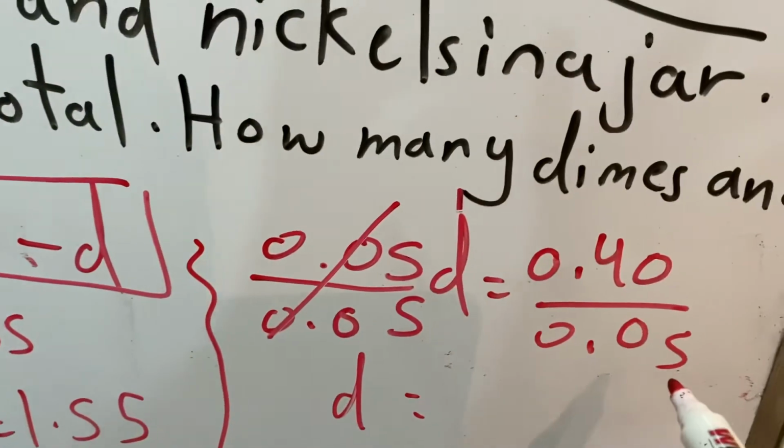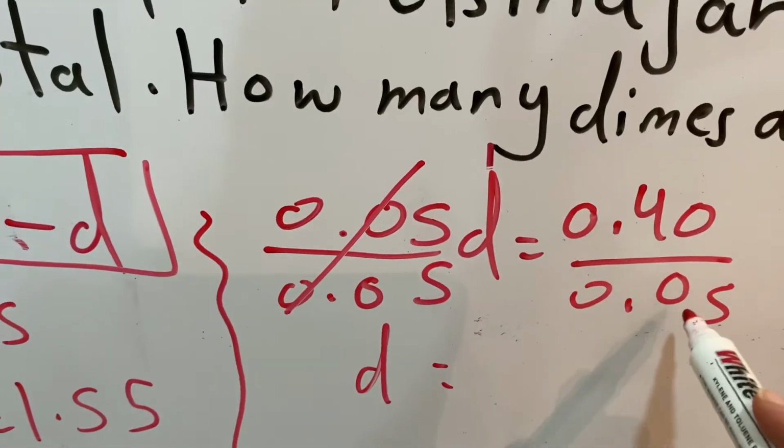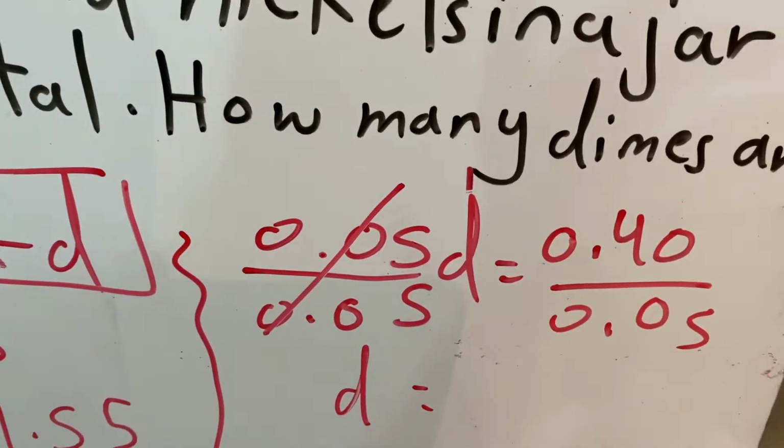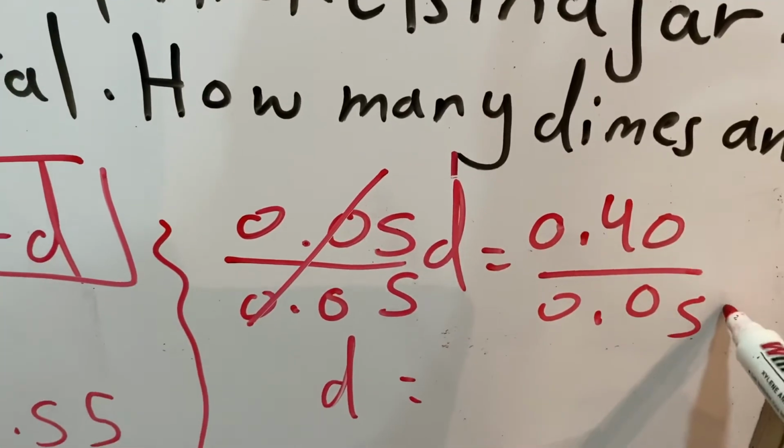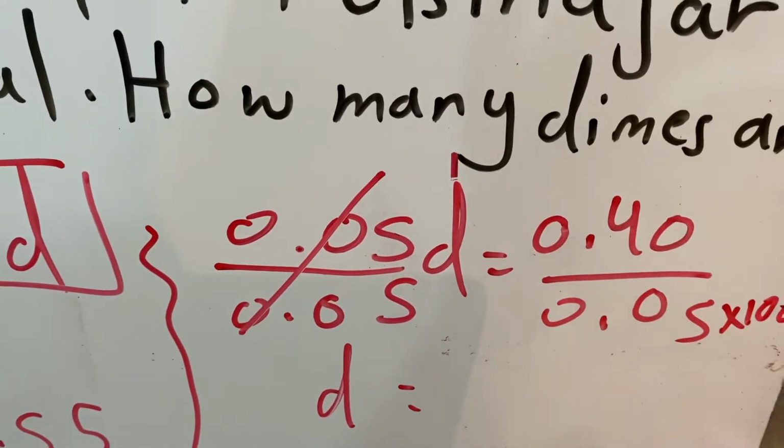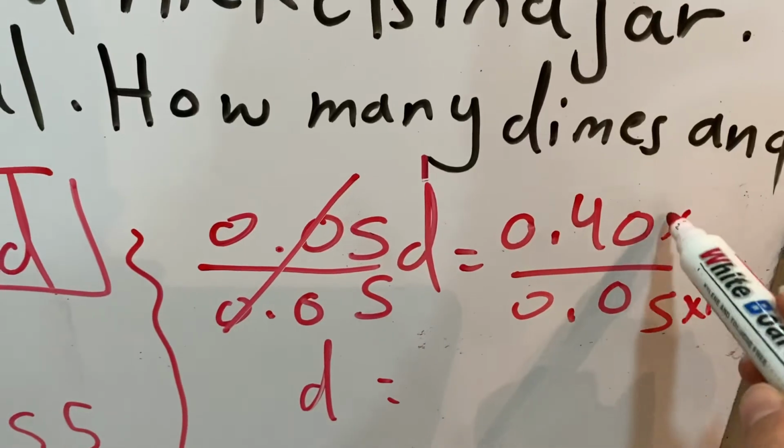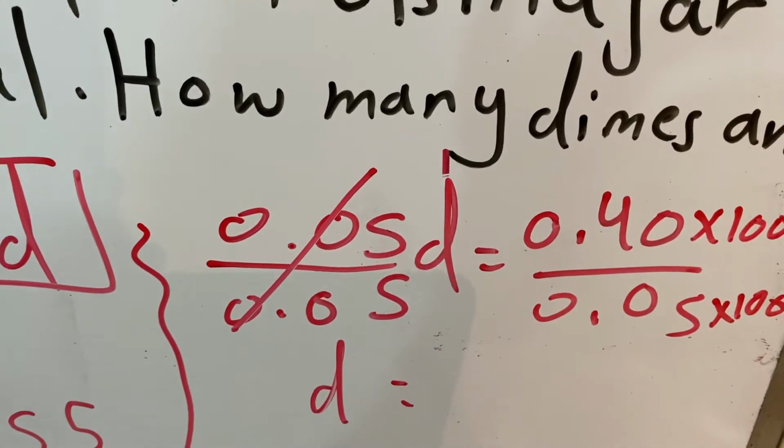Now I cannot solve easily when the denominator is a decimal, so it's better to get rid of the decimal by multiplying the bottom by 100. If I multiply the bottom by 100, I should multiply the top by 100 also.